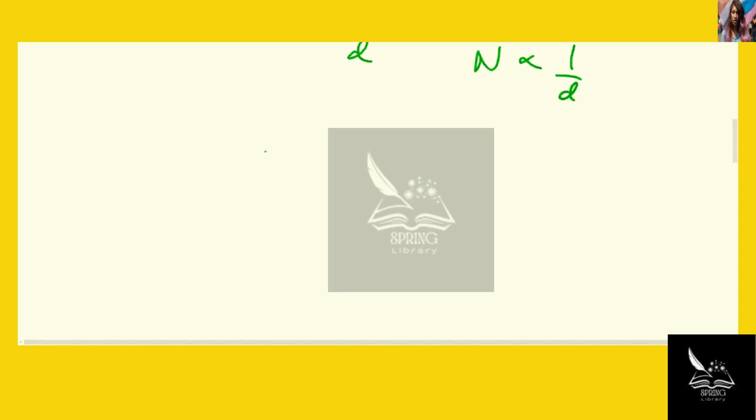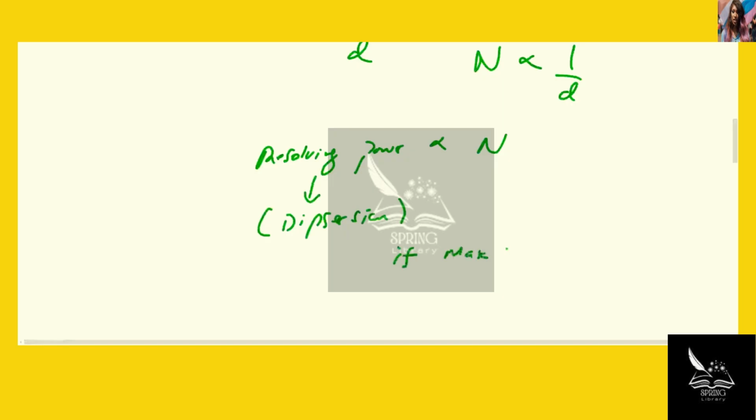The resolving power is therefore proportional to the number of lines. And so we want to maximize this dispersion, or the resolving power. We want to maximize that. So if we maximize n, then 1 over d will also be a maximum.